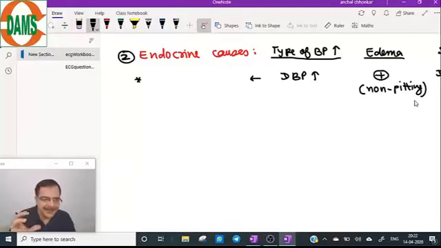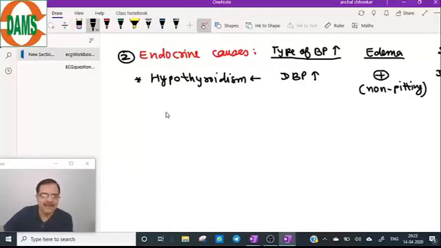So these will be the clinical cases: the diastolic BP is elevated and edema is also present, and that is non-pitting edema. In this case, our answer will be hypothyroidism with myxedema.